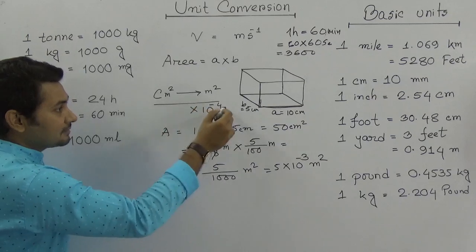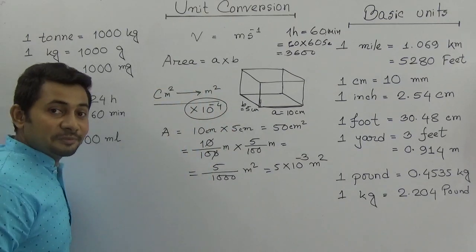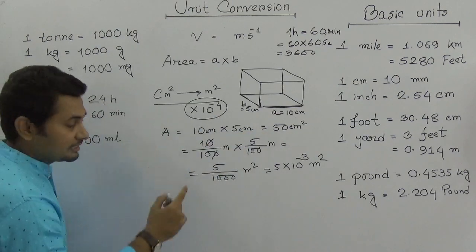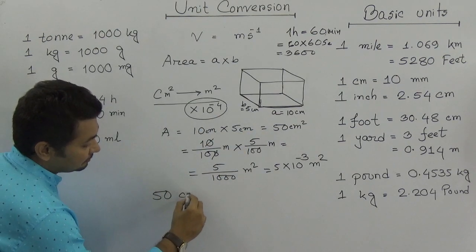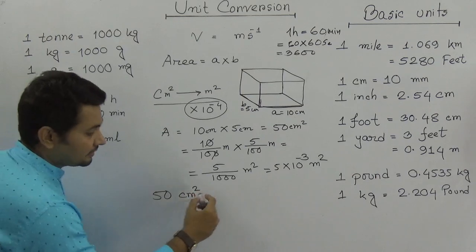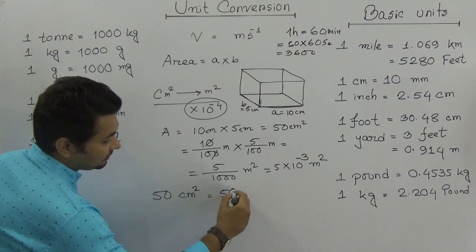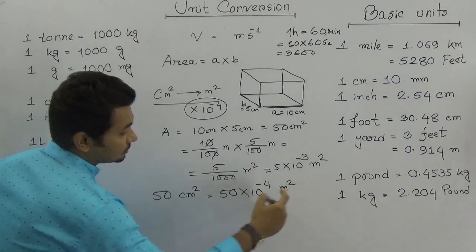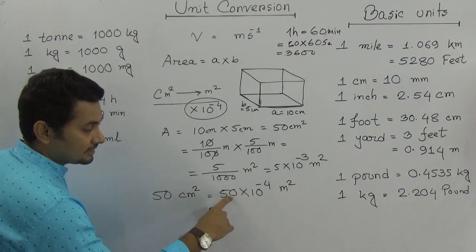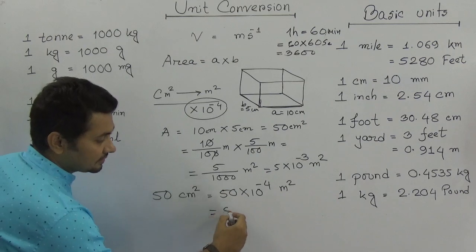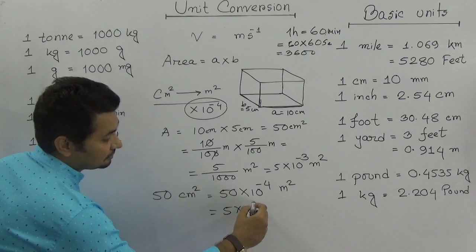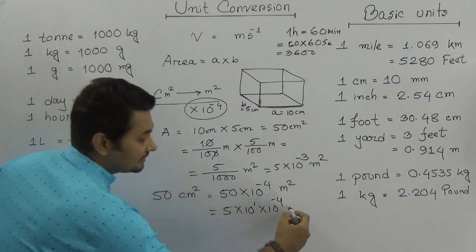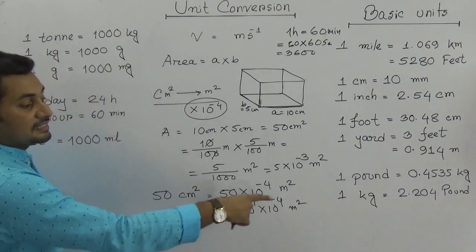We know that we can simply multiply by 10 to the power minus 4. The area was previously 50 centimeter square, so now 50 times 10 to the power minus 4 meter square. As it is 50, we can say 5 times 10 to the power 1 times 10 to the power minus 4. This is meter square, so that is the same.